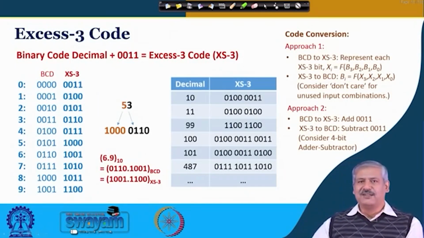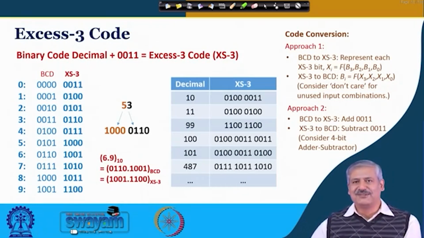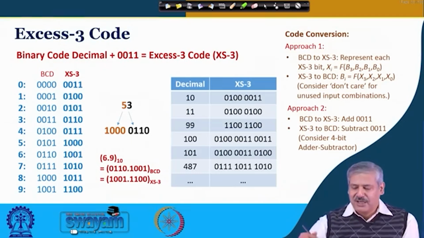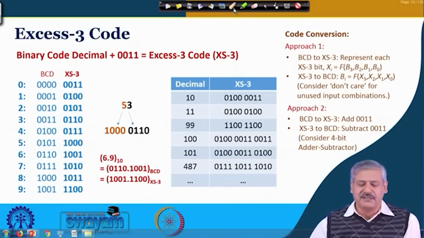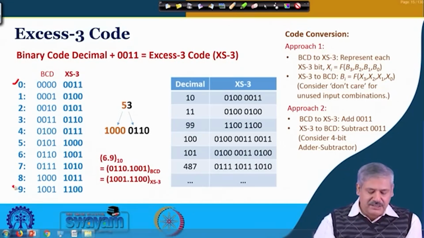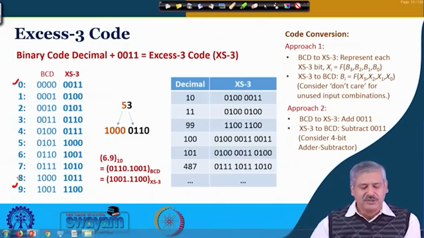Now, we come to another kind of code which is called XS3 code. Here, we are trying to represent BCD numbers, binary coded decimal, so 0 to 9, these are the 10 numbers. In binary coded decimal we have 0 0 0 0 to 1 0 0 1.